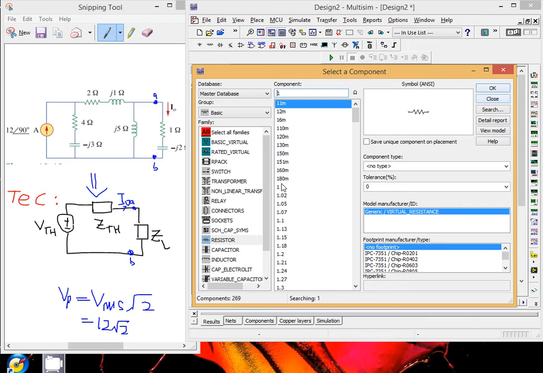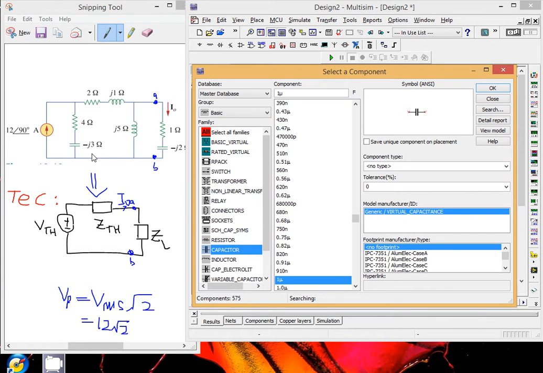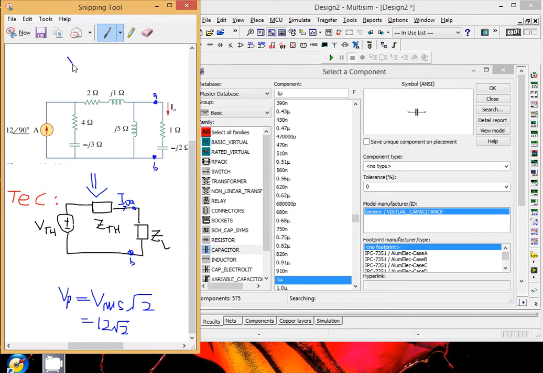Okay, for capacitor, the value is given in ohms, so you need to convert it into farad by using this formula. Xc is equal to 1 over j omega C. So from this equation you can get the value of C, where f is equal to 50.